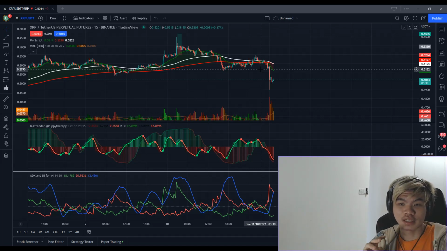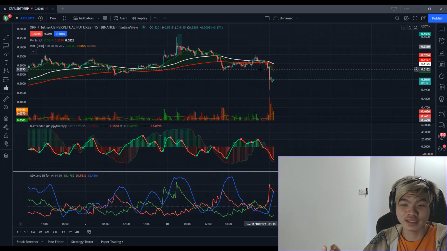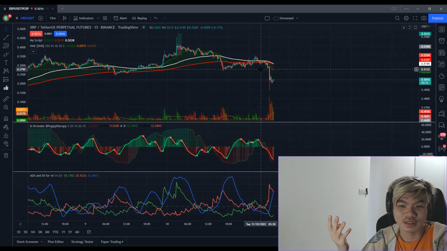I'm going to try to make this strategy better by adding a bit of different stuff into it, and we'll see how well it goes. But from what I can tell so far, you probably don't want to use this indicator during a bull market, because in a bull market I got terrible results.